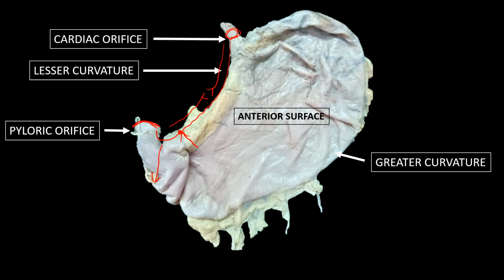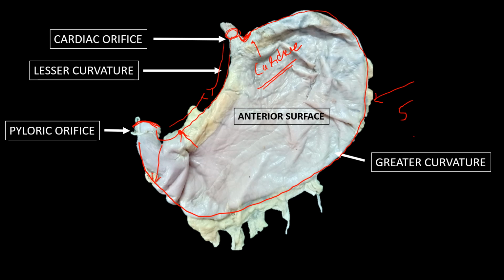The second border of the stomach is greater curvature. Near the esophageal end, greater curvature shows a notch known as cardiac notch. From this cardiac notch, the greater curvature extends up to the pyloric orifice. It is convex in shape and almost 5 times larger than the lesser curvature.